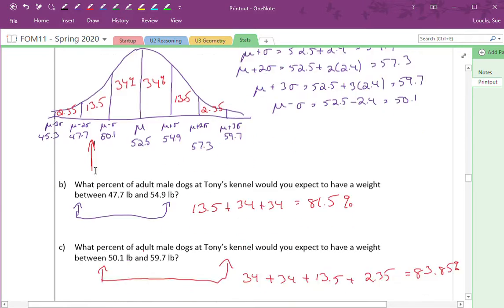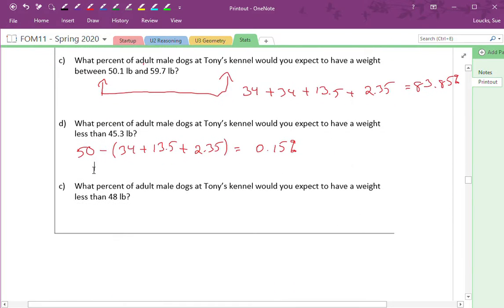We will learn how to do that later. But right now we can't do it, because the 48 pounds is not on a sigma line, I'm going to call it.